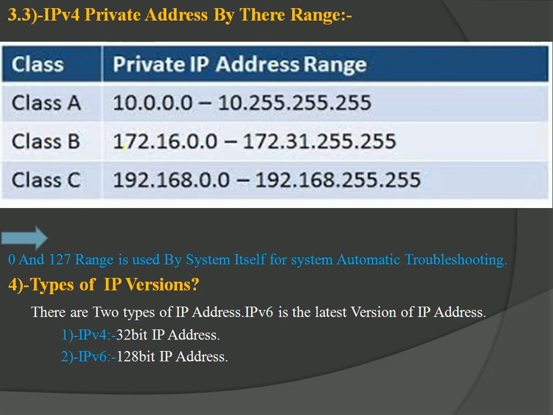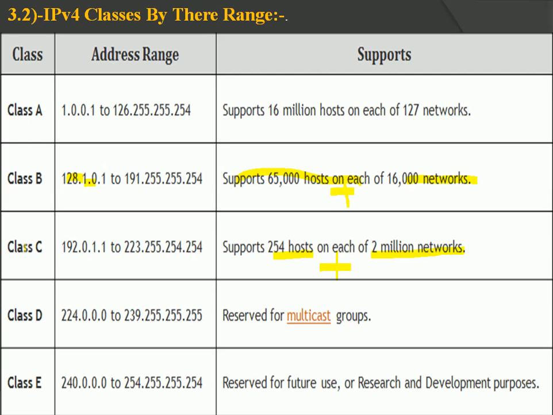In class B, the range is 172.16.0.0 to 172.31.255.255, and in class C that is 192.168.0.0 to 192.168.255.255.